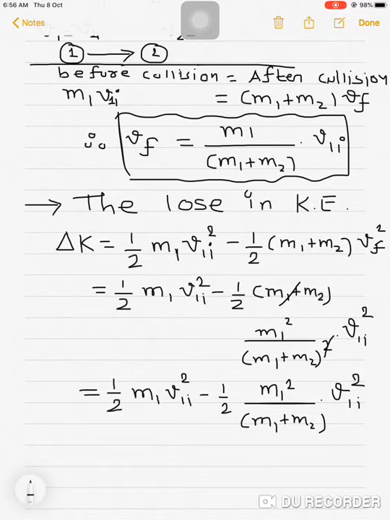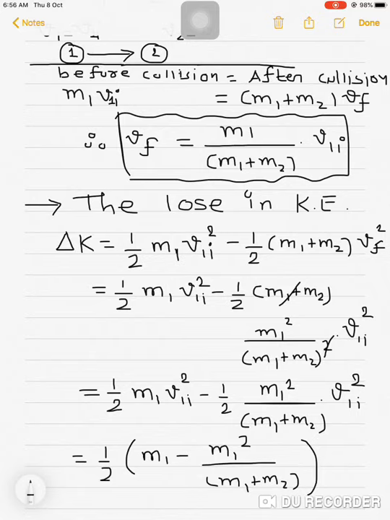Now taking v1i square as common, we get 1 by 2 (m1 minus m1 square over m1 plus m2) v1i square.